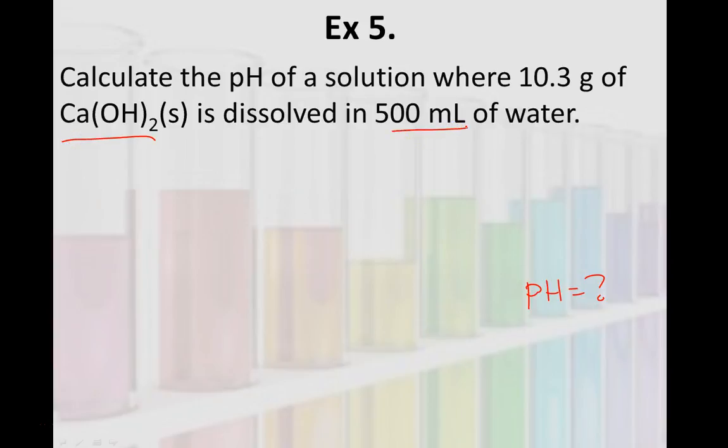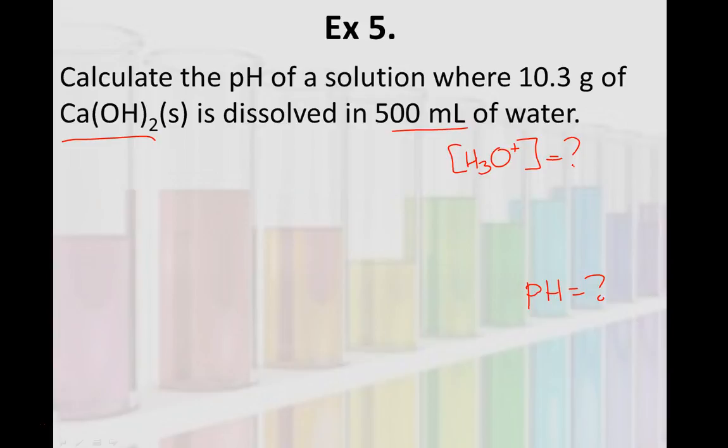Now, in order for me to get to pH, I need what? I need the hydronium ion concentration, right? Do I have the concentration of that? No. Could it just be, rather than your pH, your pOH from your OH concentration? Yes, you can convert your pOH to your pH, correct?